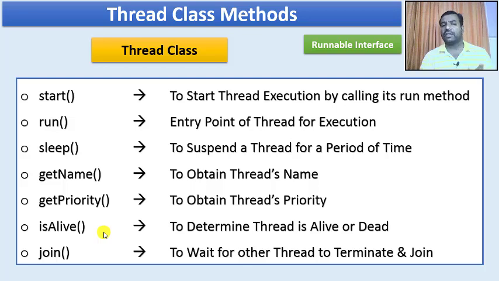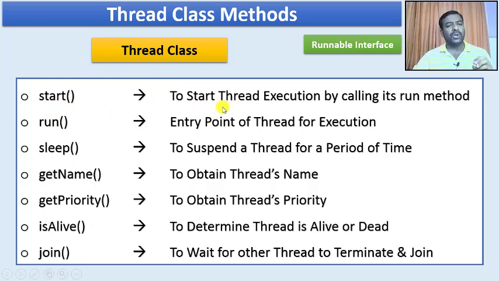The Thread class has still more methods, so we will see them later when we use those methods, but right now we'll focus on only this set of important methods. Clear? This is a set of methods already available in this class. Now I'm going to have a start.